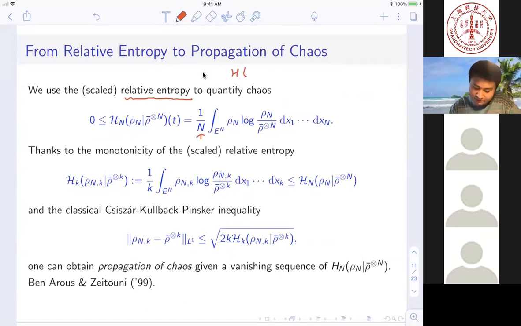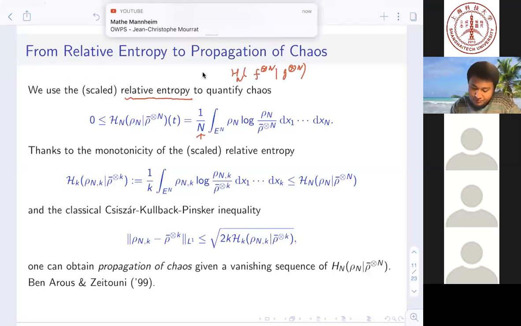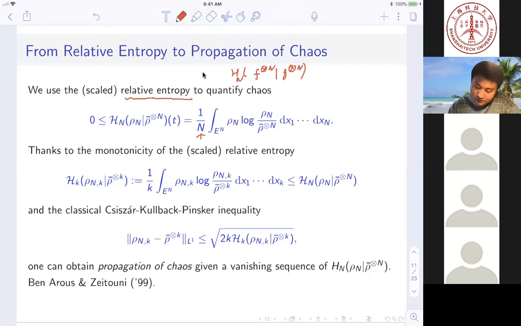If you have f, which is n copies of f, and we take the scaled relative entropy, then you just get H1(f, g). So if you scale by n, we bring this quantity to dimension one. This is just an intuitive explanation.